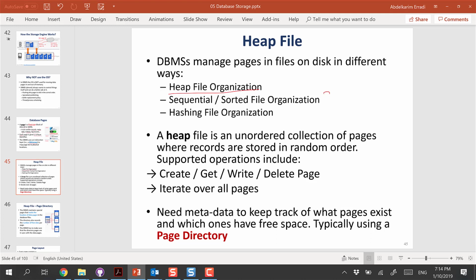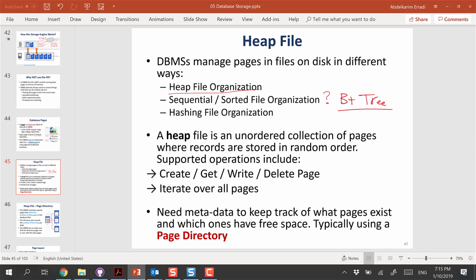Usually, if we want this type of organization, we create what is known as a B+ tree index. We will not discuss this here; it will be a full lecture just on this. This data structure is so popular if you want to store your data in a sorted way. If you want to keep an order, you need to use some kind of data structure, typically known as a B plus tree.